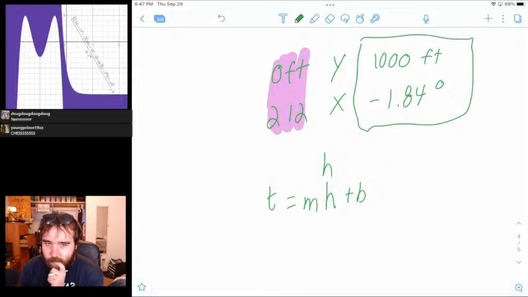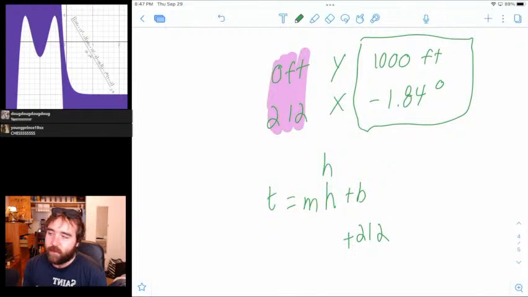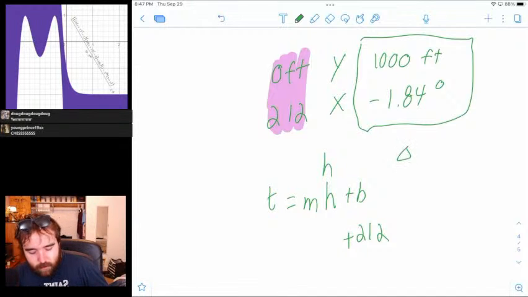That's just going to make it easier, because then we'll see. When it's at 0 feet, it's 212. So that's our initial condition, that's our y-intercept. So our b is just plus 212. And then our m is just the slope. Change in y, which is t, over change in height.